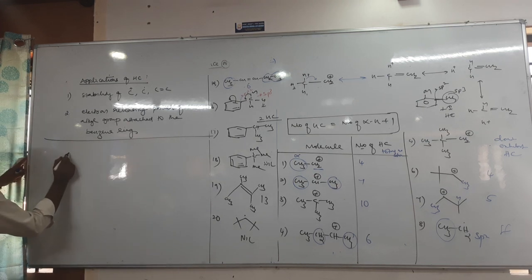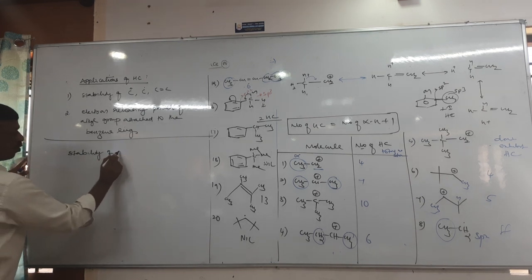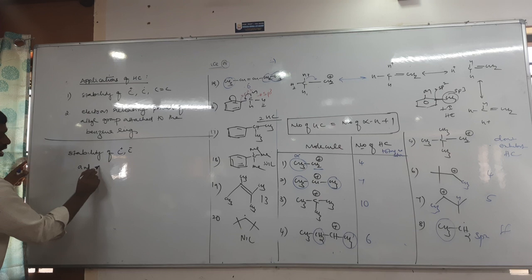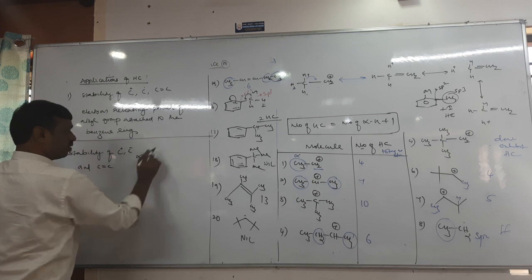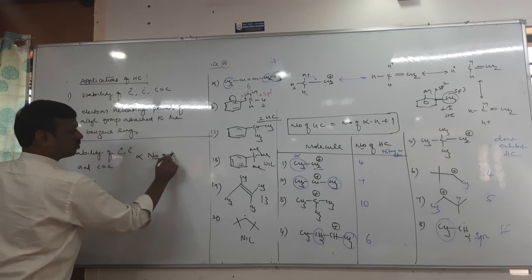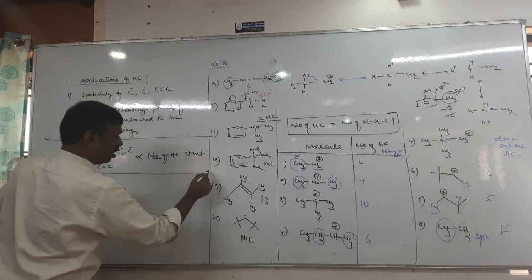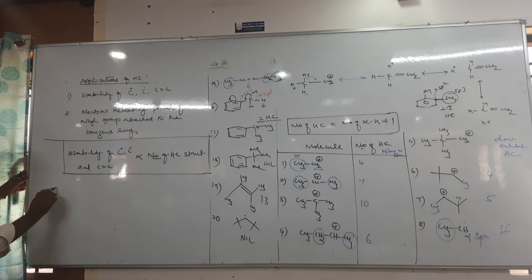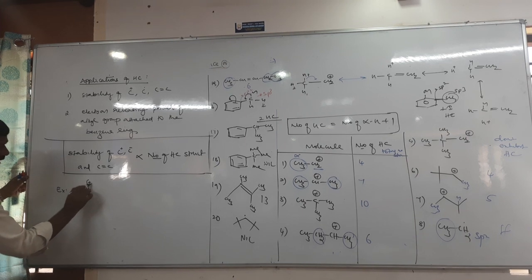So the stability of carbocation, free radical and alkene is directly proportional to the number of hyperconjugation structures. As the number of hyperconjugation structures increases, stability increases. So we have already written this in stability of carbocation and free radical. Okay, once more we'll write one more example.